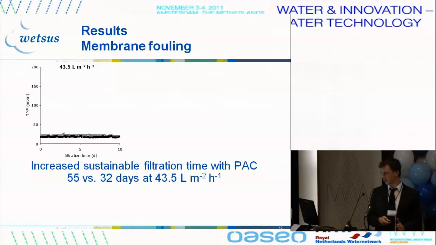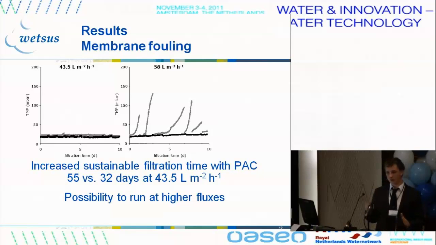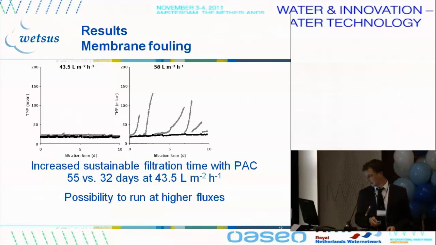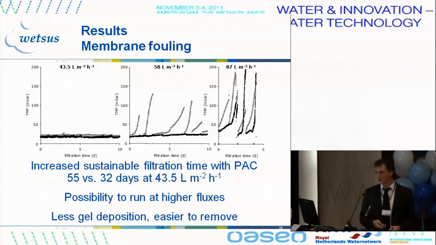Then we started to increase the flux by removing membranes in order not to change the hydraulic retention time. Then we managed to run for clearly longer time at higher fluxes. And then when we started to go crazy and go up to almost 90 liters per square meter per hour, they were both fouling.